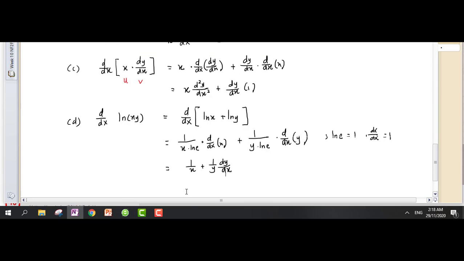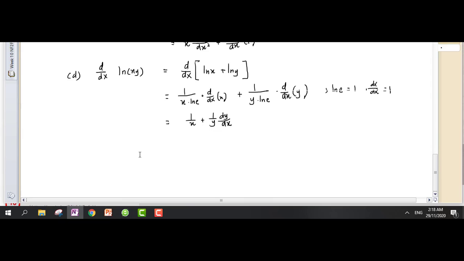So example 19 requires the basic differentiation involving x and y when we apply it to trigonometry, exponential, ln, and even polynomial. Let us take a look at example E. We are going to differentiate e to the power of x plus y. Before coming to implicit differentiation, the basic skill toward each type of function, you must be strong.